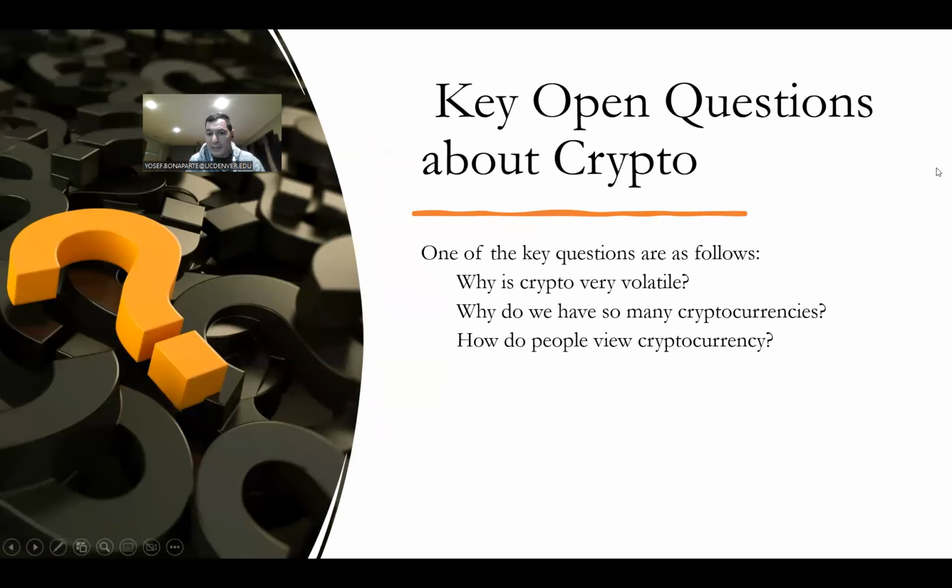For the question why crypto is volatile, the reason is crypto is not regulated. For example, JP Morgan, Morgan Stanley, Janus Henderson, US Bank, Bank of America, Wells Fargo, they cannot use it because the SEC prevents them from using crypto because it's not regulated.